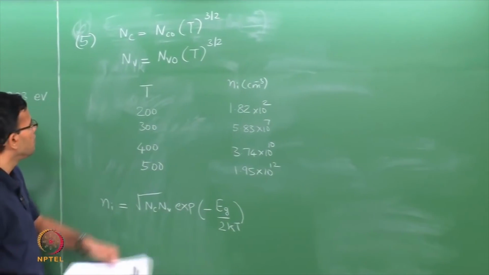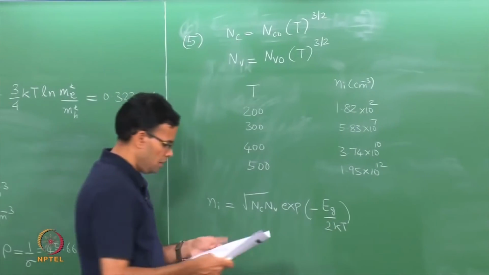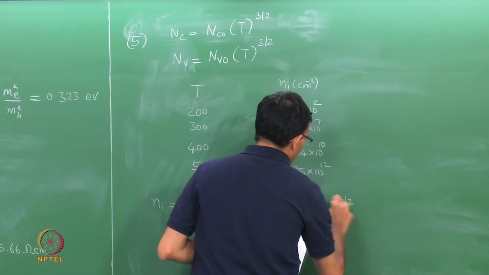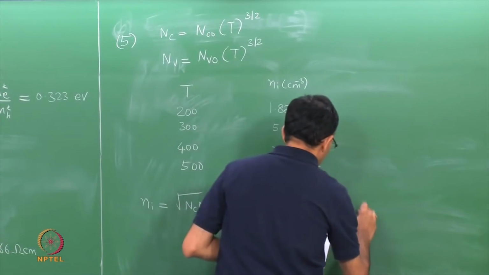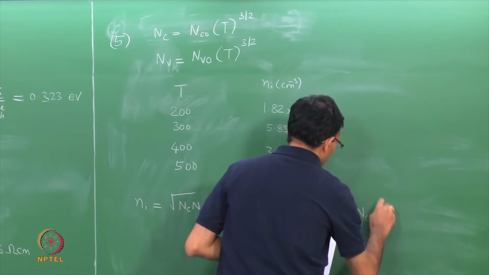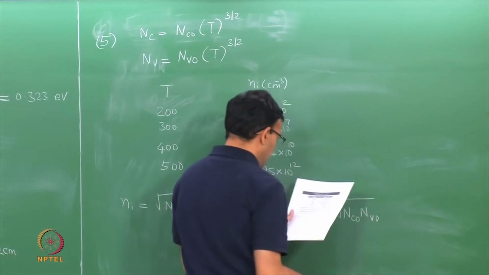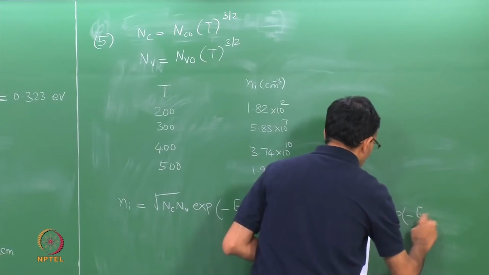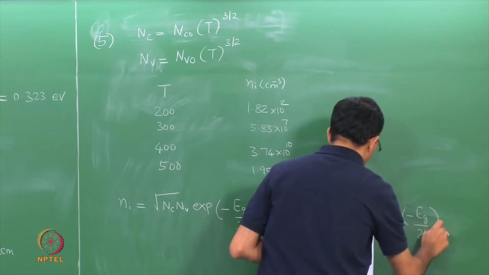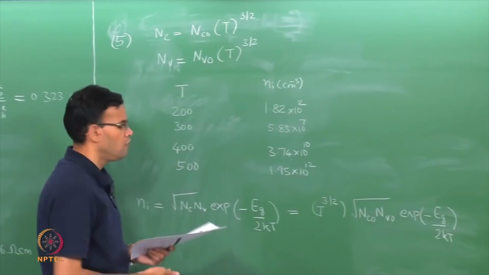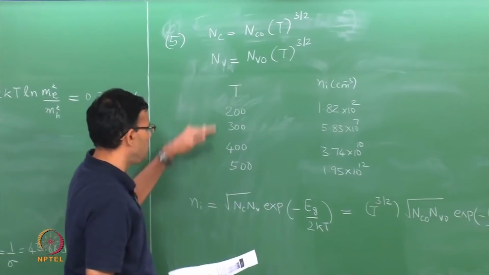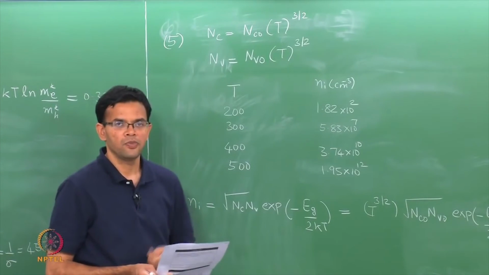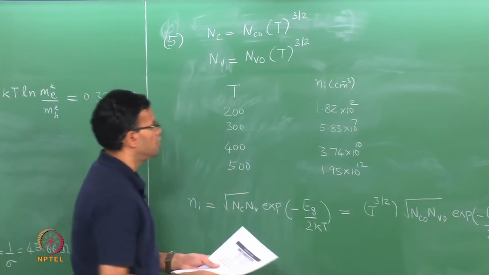Nc and Nv, we can substitute these terms, so that this simplifies to T to the 3 over 2 square root of Nc naught and Nv naught, which is a temperature independent term, times exponential minus Eg over 2 kT. So, we can choose any two temperatures, take any two temperatures and take the ratio of Ni at these two temperatures.